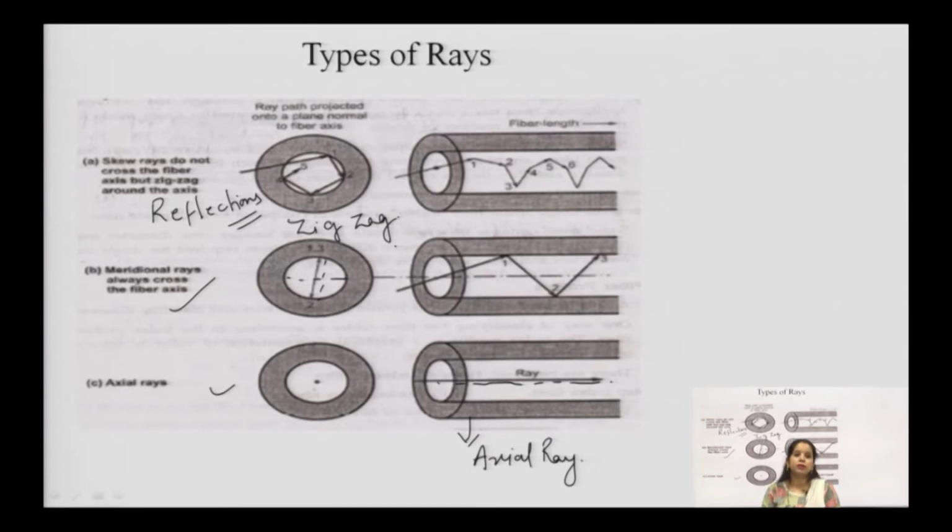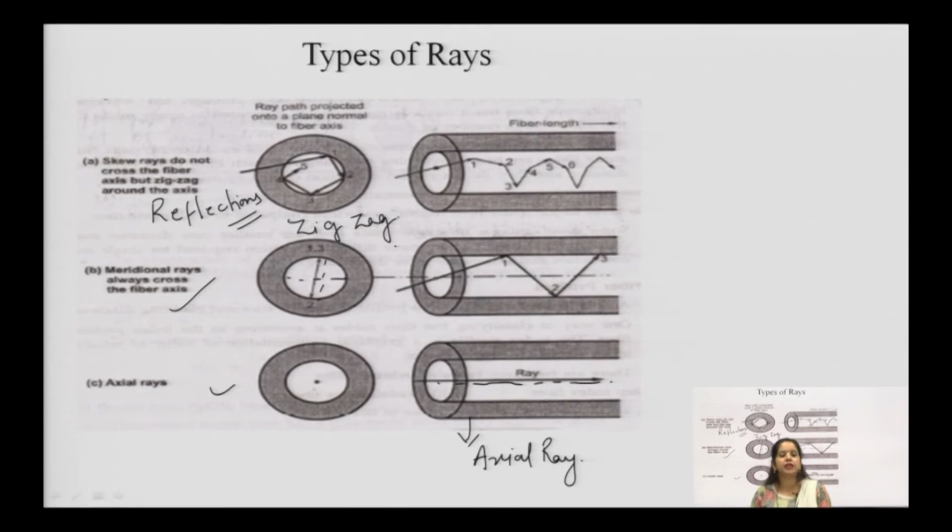And now, you will remember that when we were talking about the numerical aperture in the previous lectures, I told you that the higher the value of numerical aperture, the higher the acceptance of the optical fiber for signal.